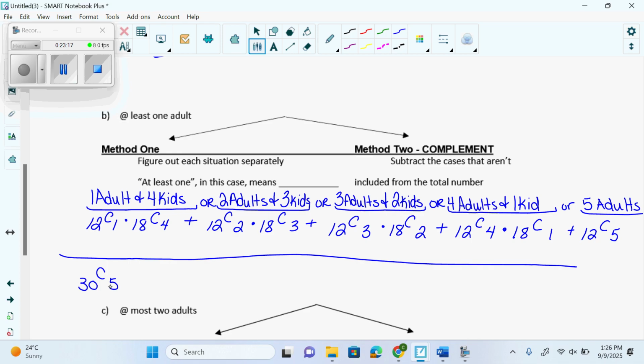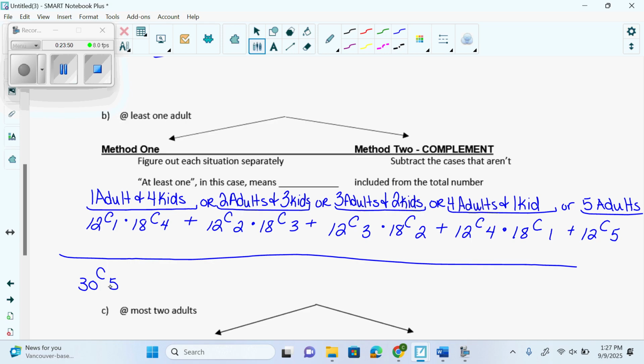Now, I need to subtract off the cases that don't fit into this previous one. So this previous one had 1 adult, 2 adults, 3 adults, 4 adults, 5 adults. What cases didn't fit? Don't say 6, 7, 8, 9. Those can't exist, right? We have 5 max. What's the only case that doesn't fit? Don't forget about it. 5 kids, which is no adults.